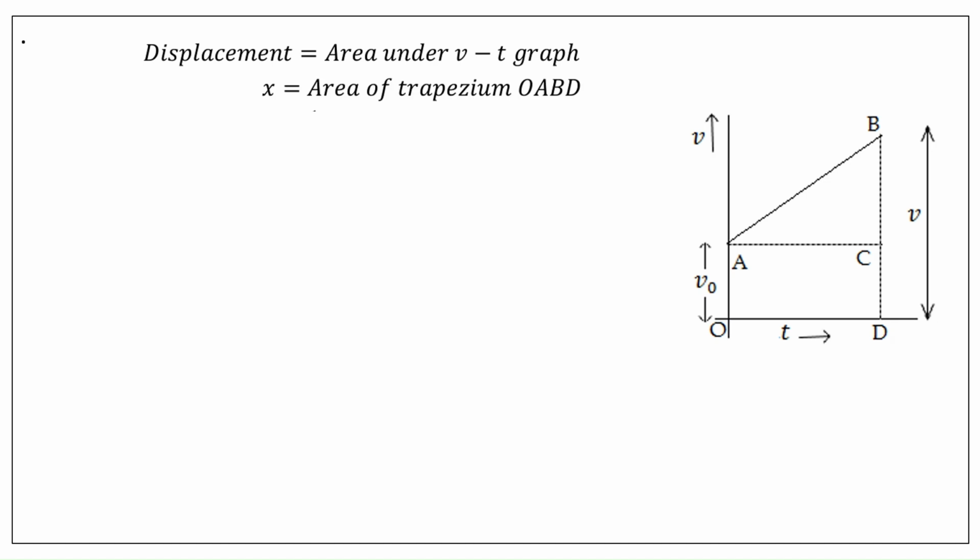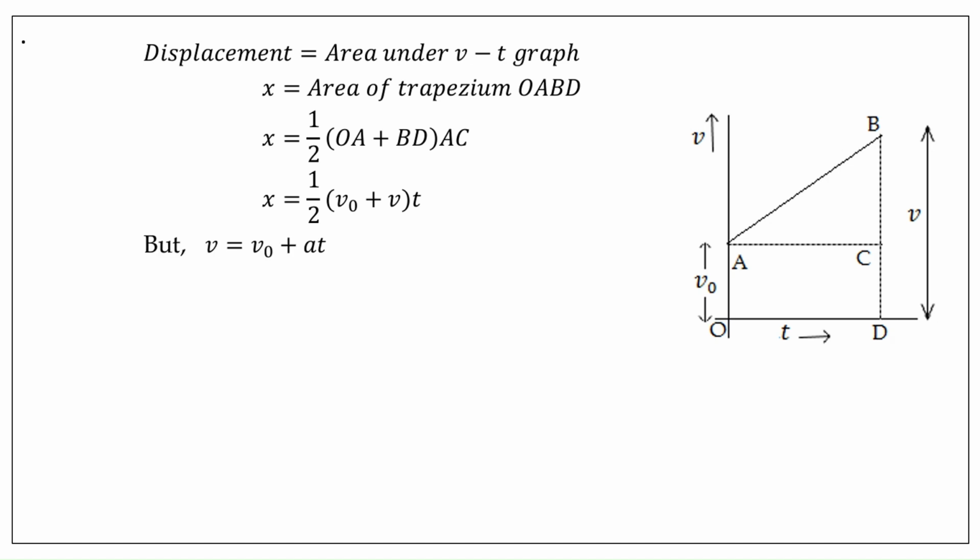That is, x is equal to the area of trapezium OABD. That is, x is equal to 1 by 2 into bracket OA plus BD into AC. On substituting values, we get x is equal to 1 by 2 into bracket v0 plus v into t.